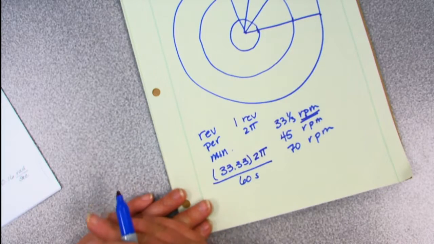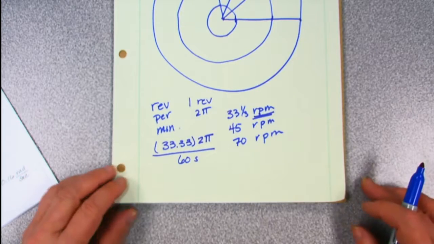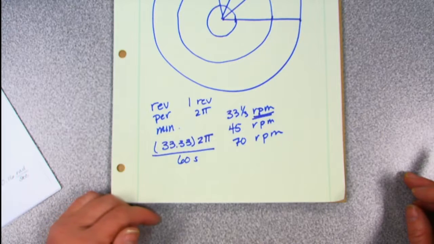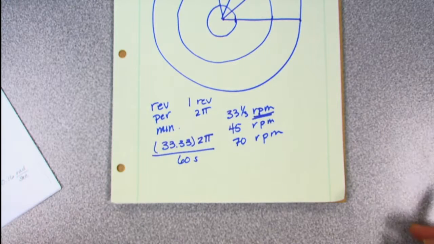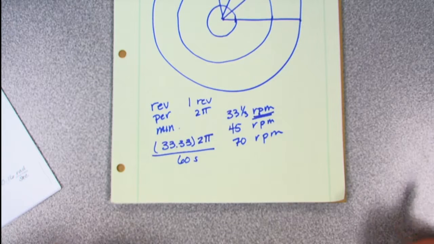So you have to think through the information that it gives you when you're looking at revolutions. My car tire rotates at 20 revolutions per minute or 20 revolutions per second. They actually gave you a speed, you just have to convert that information.